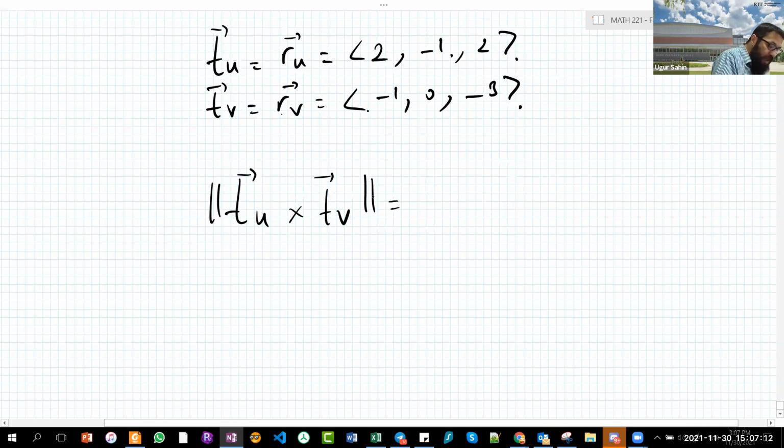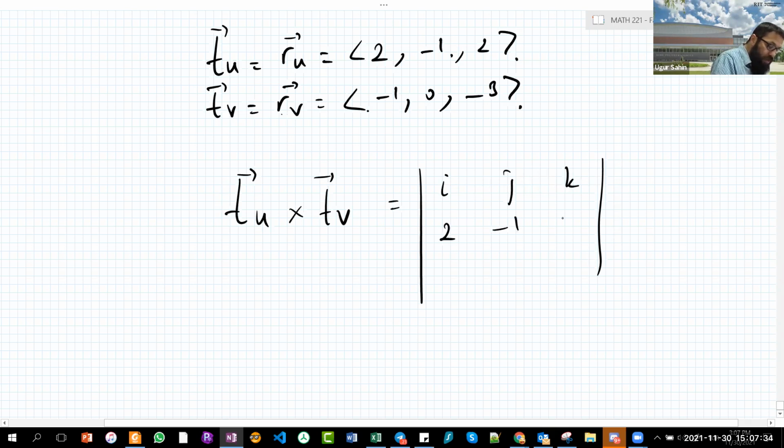How am I going to find the cross product? I hope you still remember the matrix calculation for the cross product. First, I need to put the right i, j, k. ijk goes to the first row, then Tu goes to the second row, Tv goes to the third row.